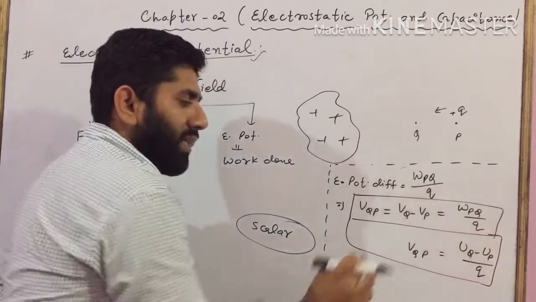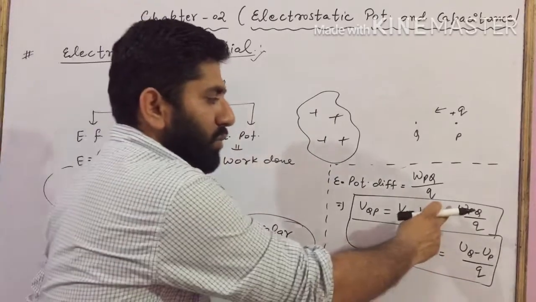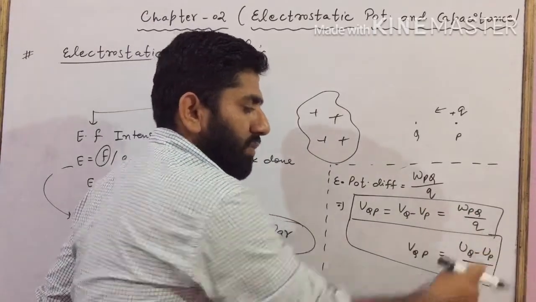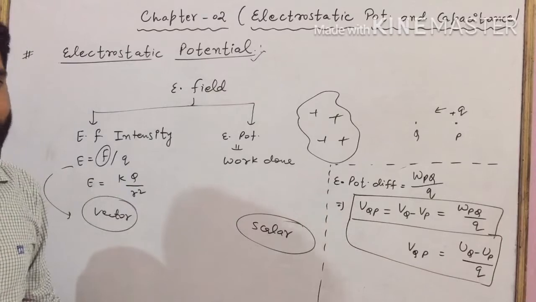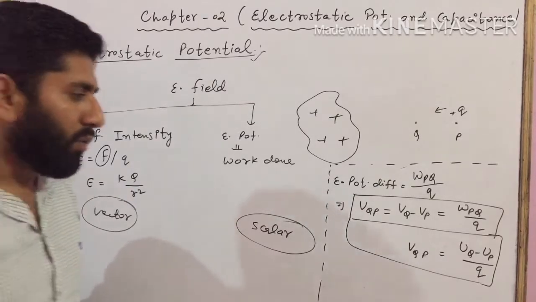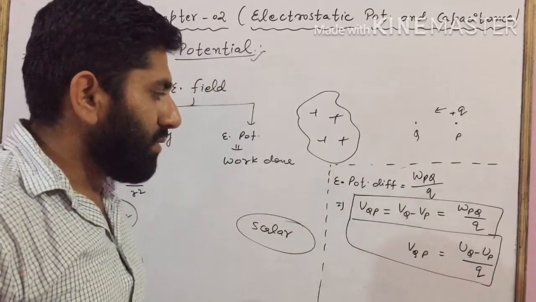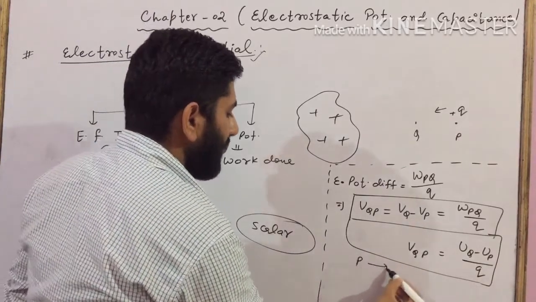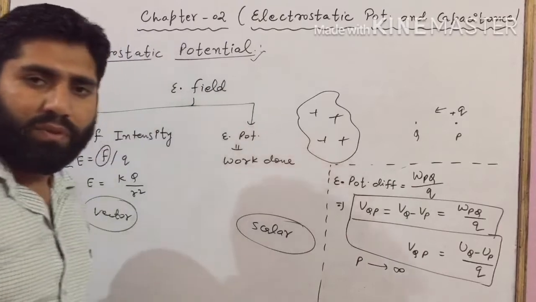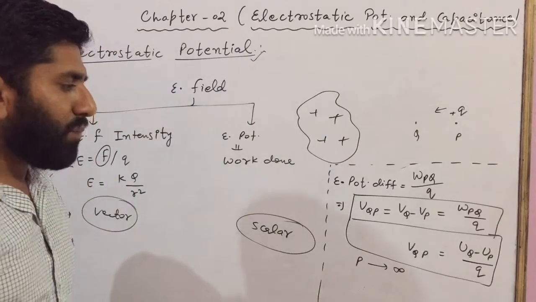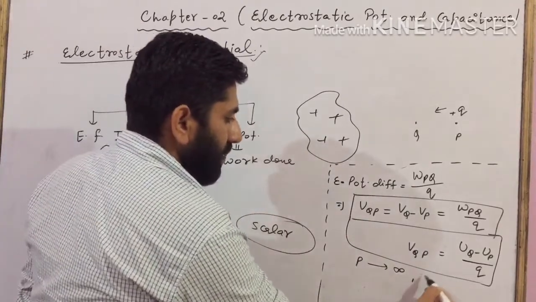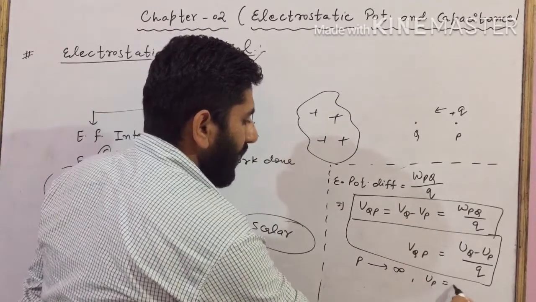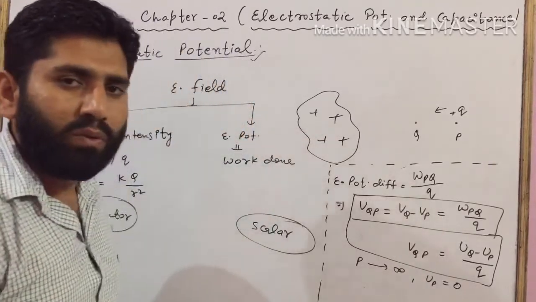Okay, so we have defined the potential difference in terms of work as well as in terms of change in potential energy. Now, like we did in the case of potential energy difference, suppose the point P is at infinity. In that case the potential energy at point P will be 0.